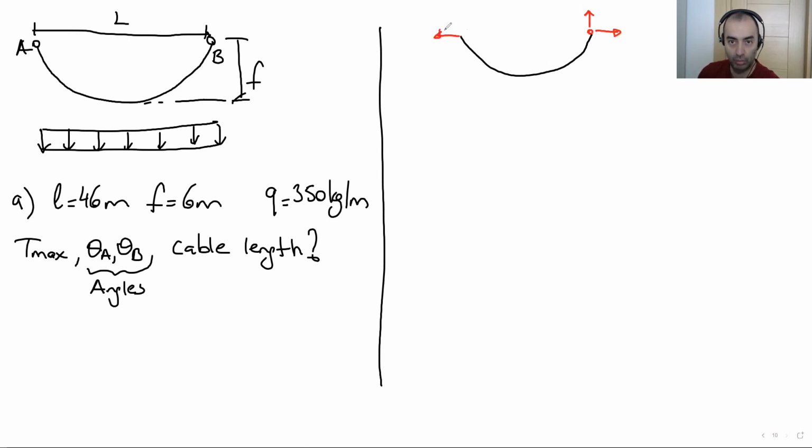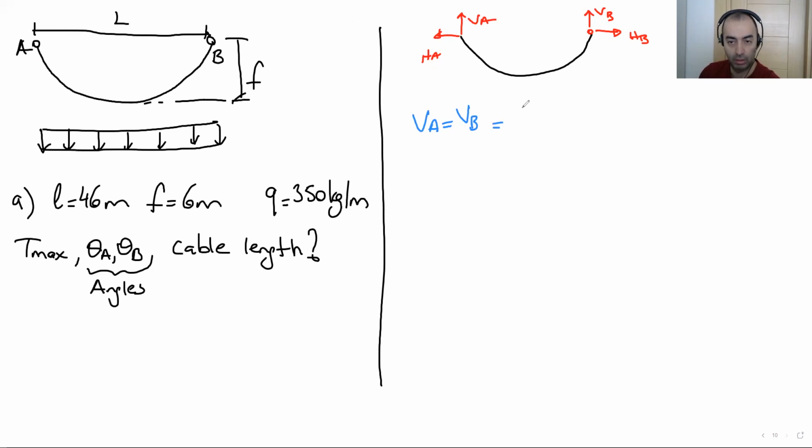You know, the maximum tension force occurs at the support point: HA, VA, VB, HB. Now we know Q here, so we can calculate vertical A or vertical B. Vertical A equals vertical B.